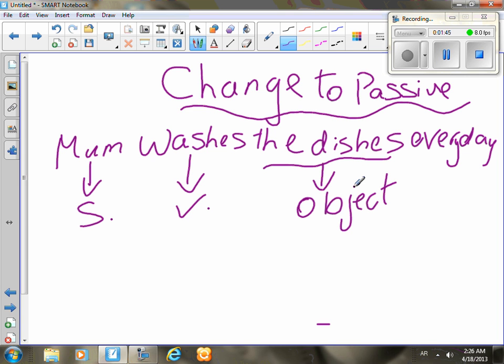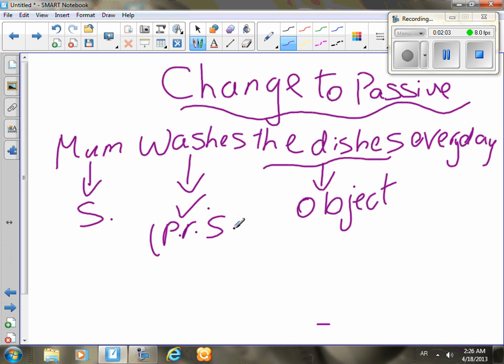Then you have to decide the tense of the verb. Which tense is this verb? Present simple. We said these are the first two steps.